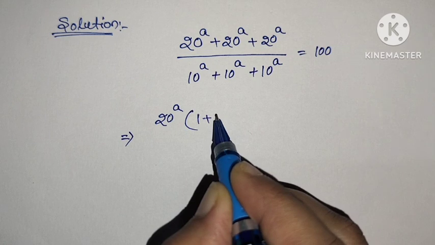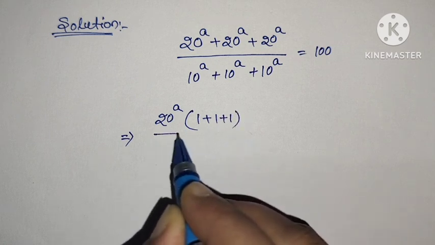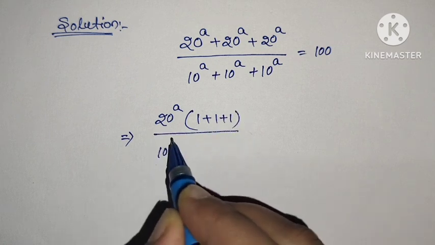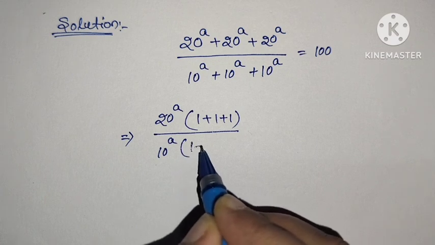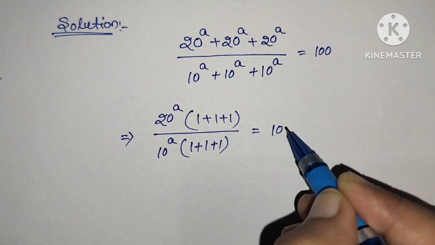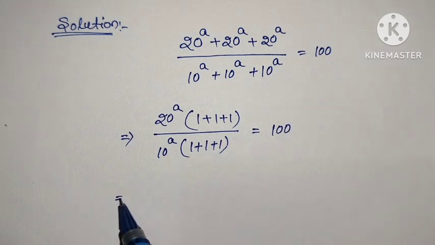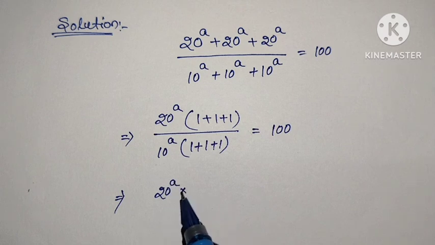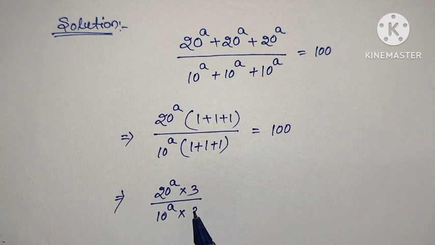Then 1 plus 1 plus 1 divided by 10 to the power a is common, then 1 plus 1 plus 1 is equal to 100. 20 to the power a into 3 divided by 10 to the power a into 3 is equal to 100. 3 cancel in numerator and denominator.